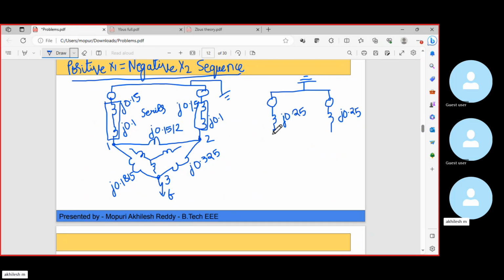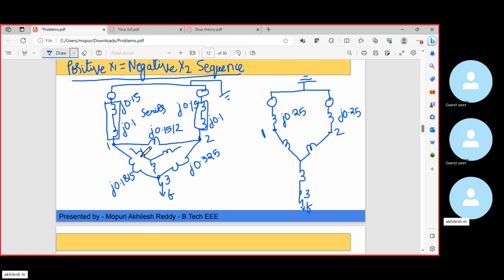Here we have bus bar 1 and here bus bar 2. Now we should get the corresponding star equivalent. This is the third bus bar where the fault occurred.